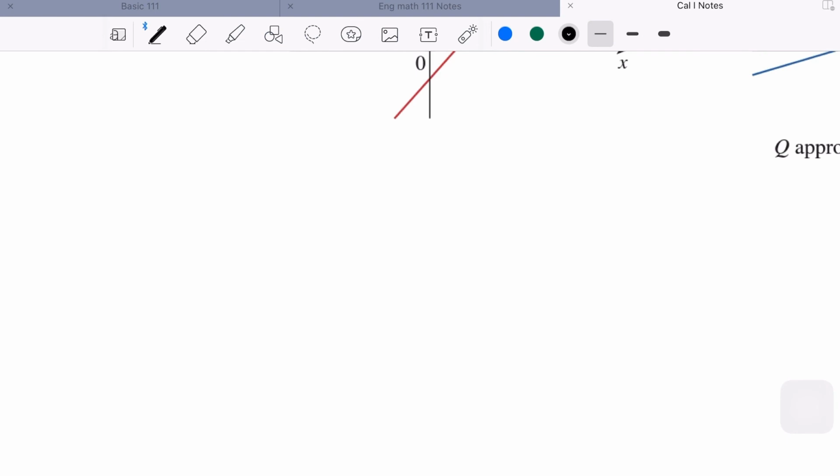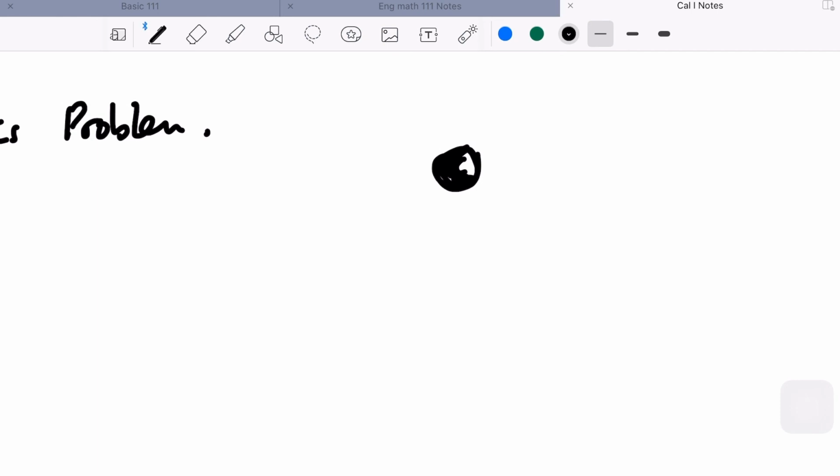If we have a physics problem, if we have a ball that is dropped from a height, maybe 450 meters.